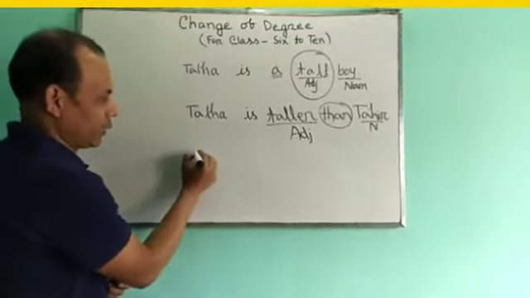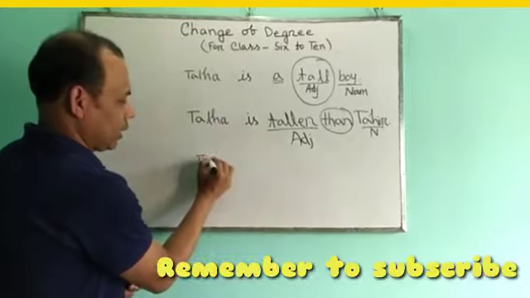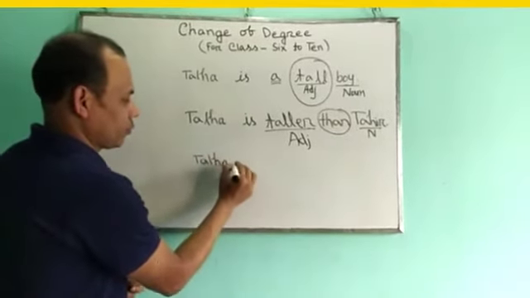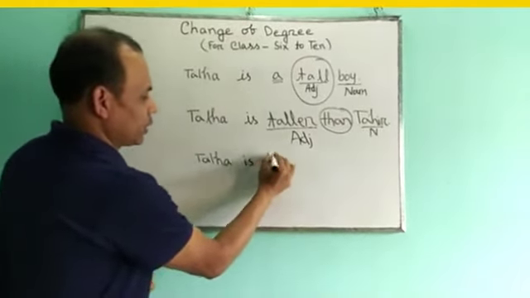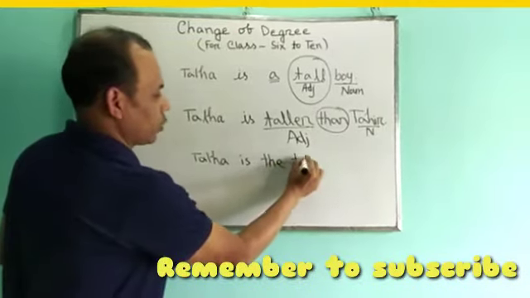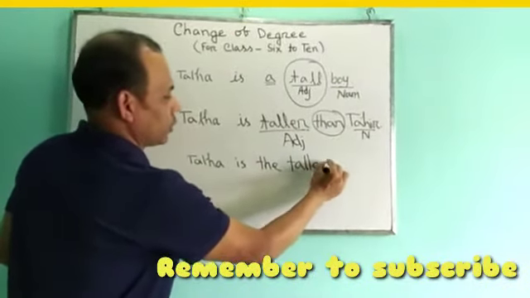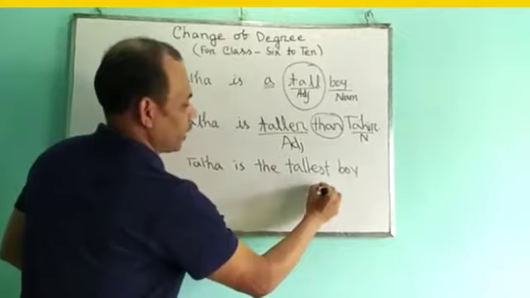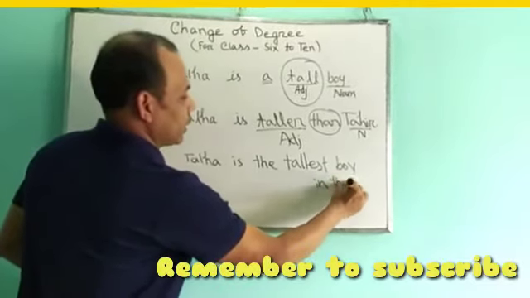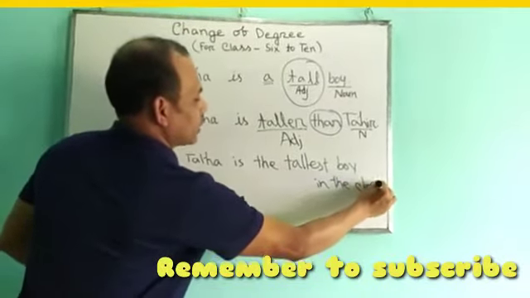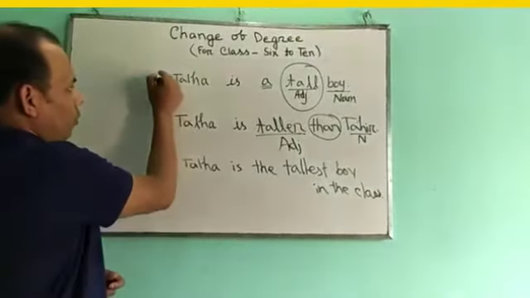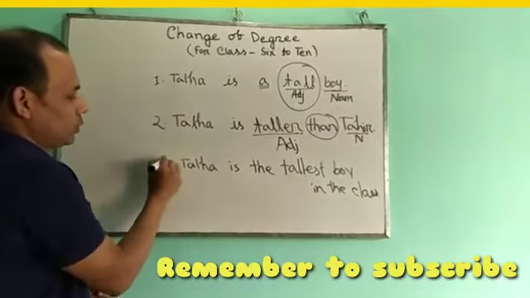Another sentence I am writing. Talha is the tallest boy in the class. 1, 2, 3.